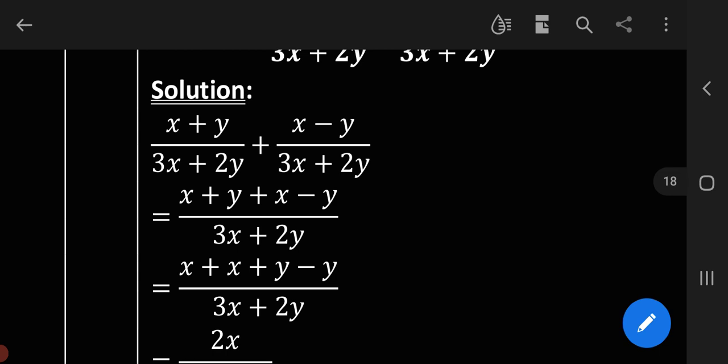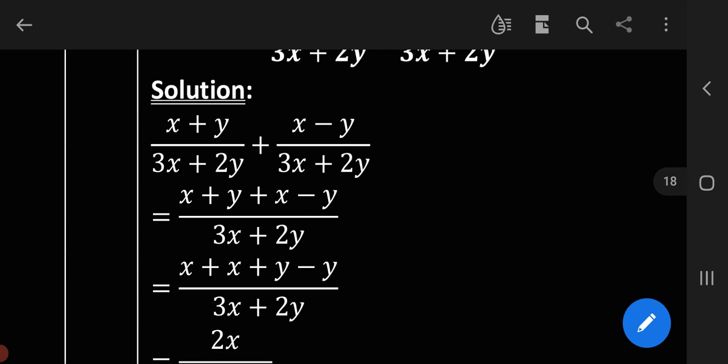Since we know that for the LCM of two or more polynomials we have to convert all the polynomials into factor form, these two denominators, 3x plus 2y and 3x plus 2y, have both been written in factorized form. There is nothing which should be taken as common.